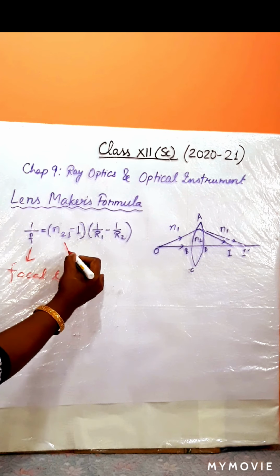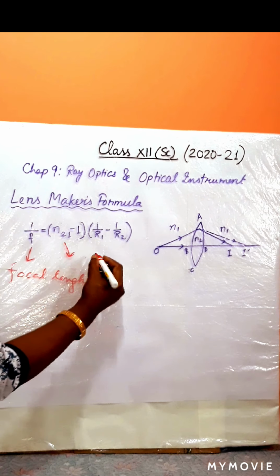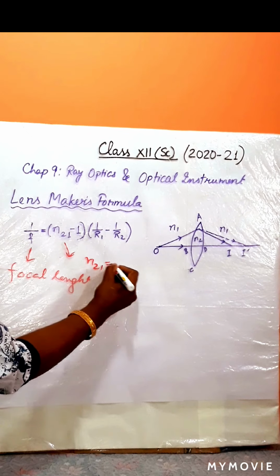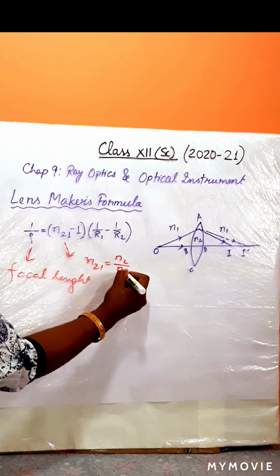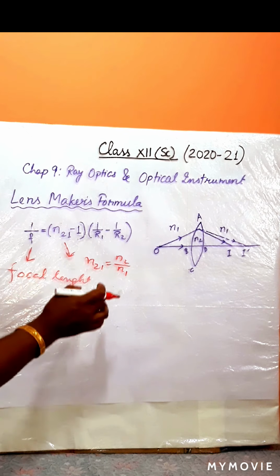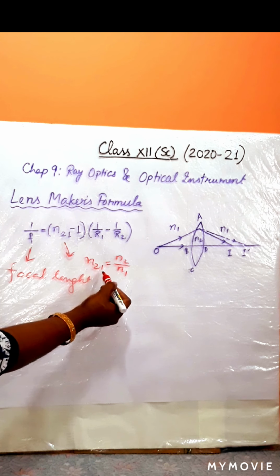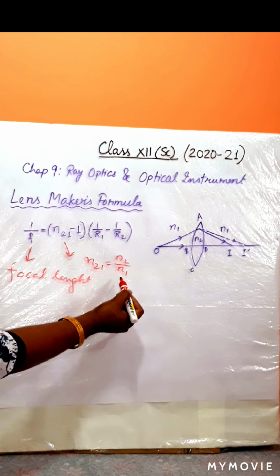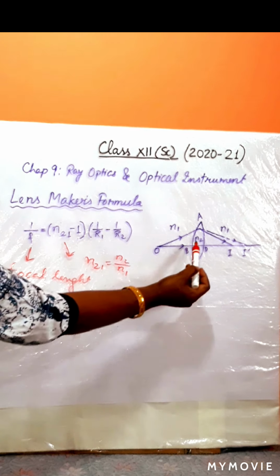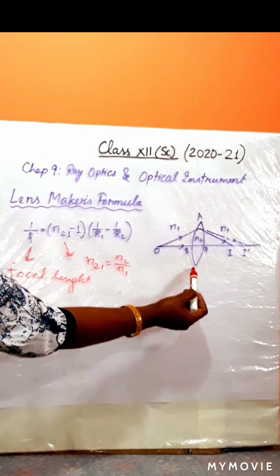Now here n21 can be given by N2 by N1. Here n21 is pronounced as the refractive index of medium 2 with respect to medium 1, equal to N2 by N1. Here N2 is the refractive index for this glass.